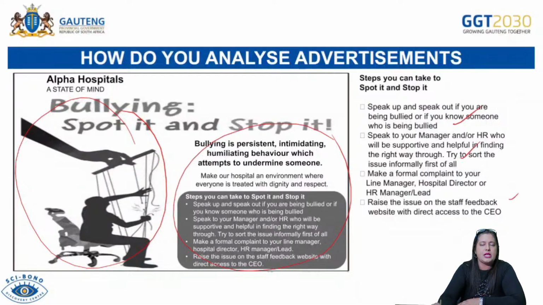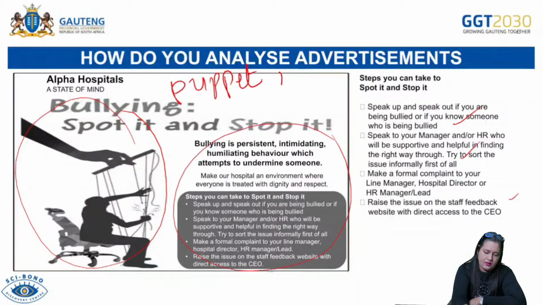So these are steps that you must take if you have been a victim of bullying. Now you're thinking that's the words. And the words are showcased by the image in this particular instance. And how is it showed? In terms of a puppet versus the puppeteer.